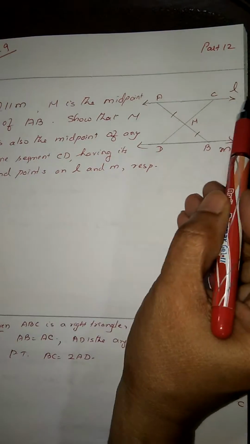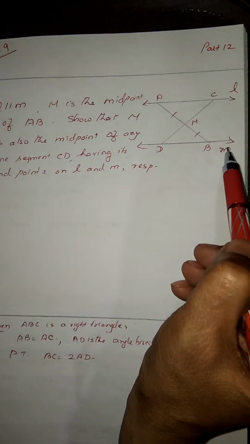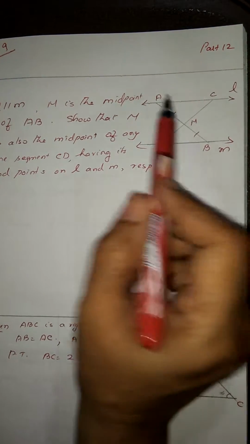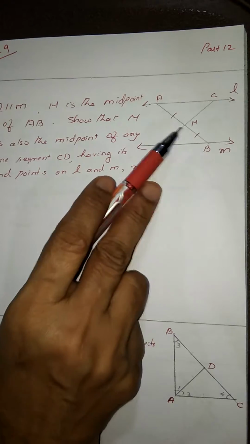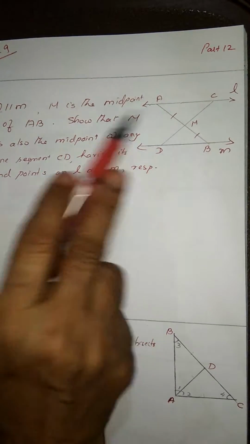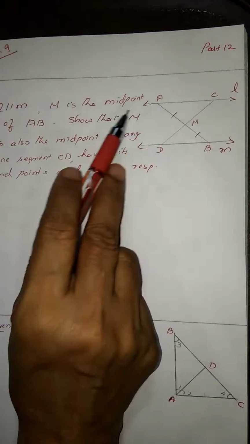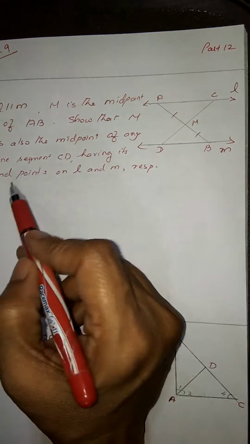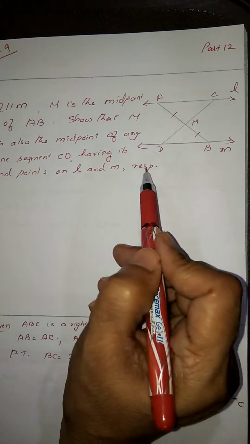Here in this problem it's given this line L is parallel to line M, and M is the midpoint of AB. So AM is equal to MB. Show that M is also the midpoint of any line segment CD having its end points on L and M respectively.